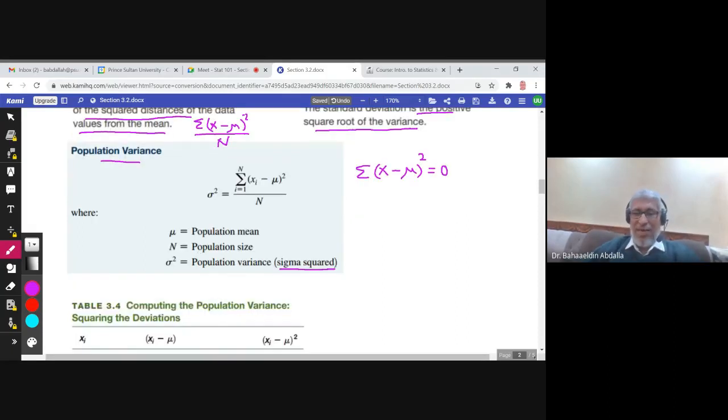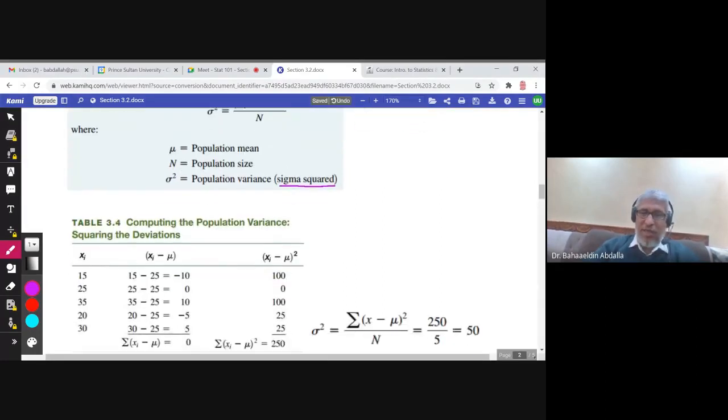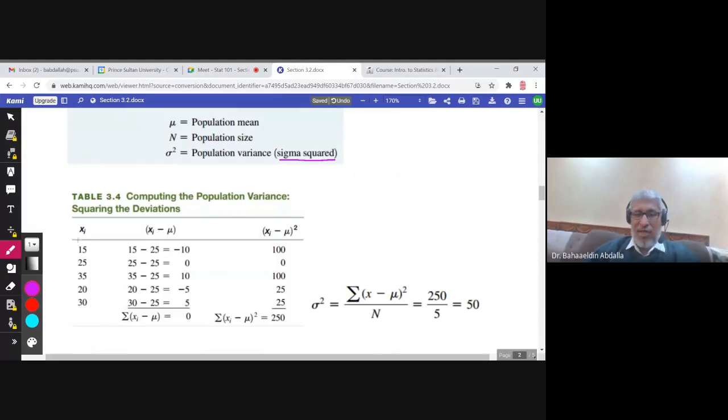Let me give you an example to show how to calculate the population variance. If these are the values in the population, you have 5 values, so capital N is 5.